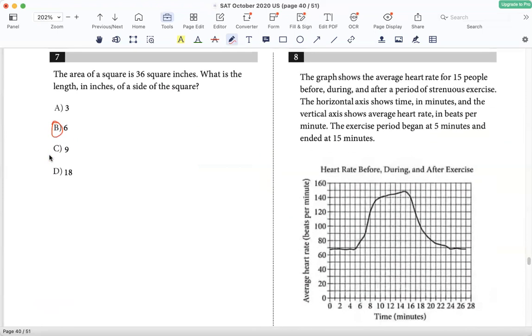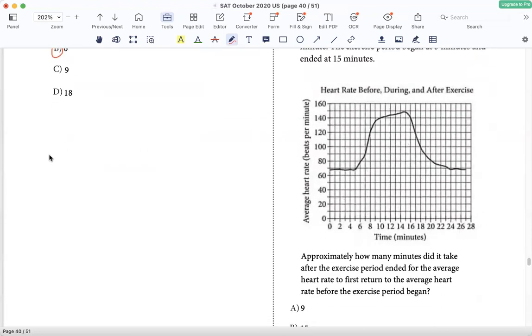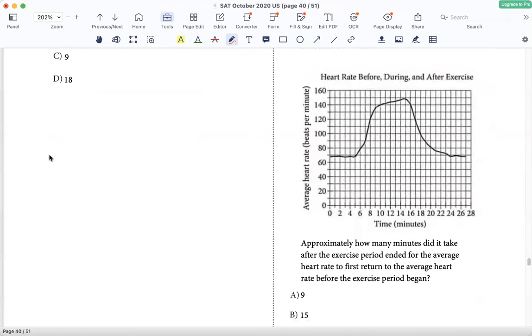The graph shows the average heart rate for 15 people before, during, and after a period of exercise. The horizontal axis shows time and the vertical axis shows average heart rate. The exercise period began at 5 minutes and ended at 15 minutes. Approximately how many minutes did it take after the exercise period ended for the average heart rate to first return to the average heart rate before the exercise?